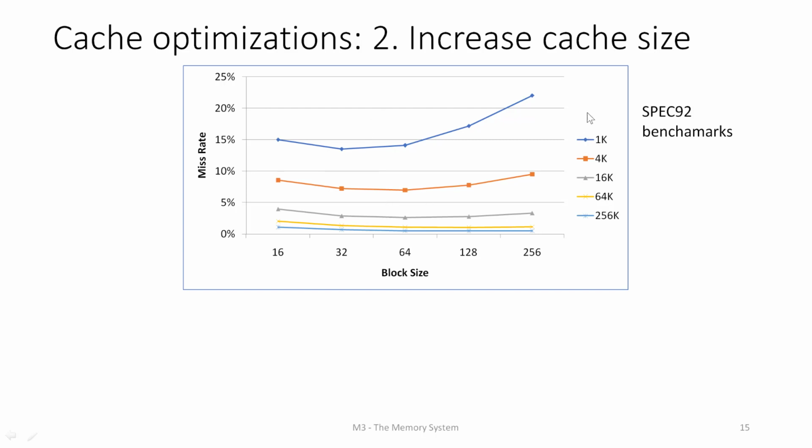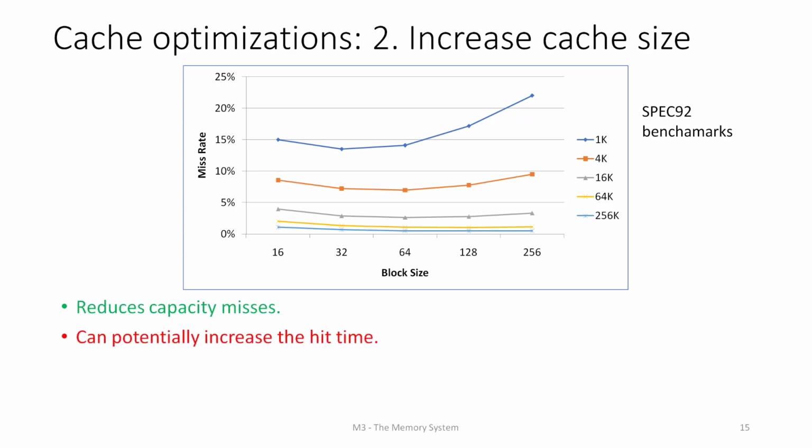If you look at one particular block size, let's say 256 bytes, as we increase the cache size from 1 kilobyte to 256 kilobytes, the miss rate dropped from somewhere, let's say 23% to 1 or 2%. There's a huge drop in miss rate because of the increase in the cache. Basically, a bigger cache will help us to reduce the capacity misses.